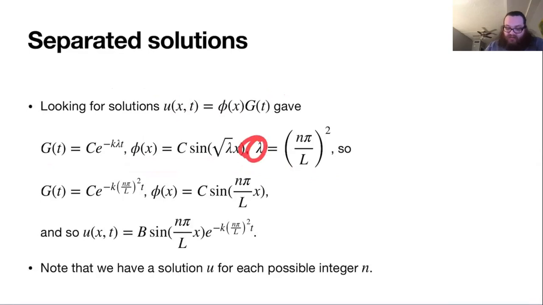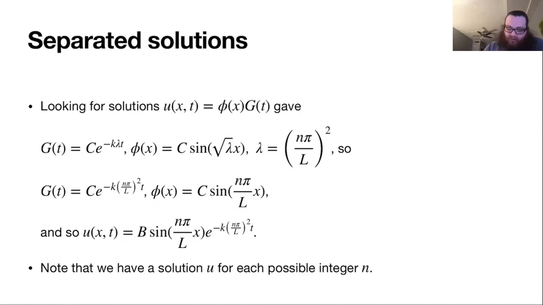So plugging lambda in everywhere we see it, we get that g of t is equal to some constant times e to the minus k (n pi over l) squared t. And phi of x is some constant times sine of n pi over l x.